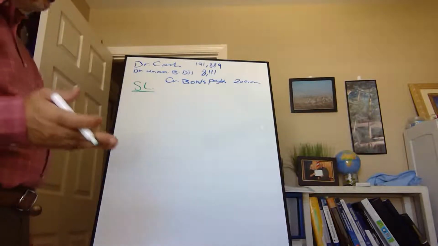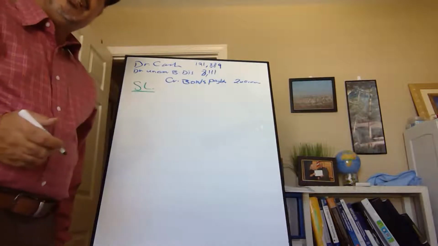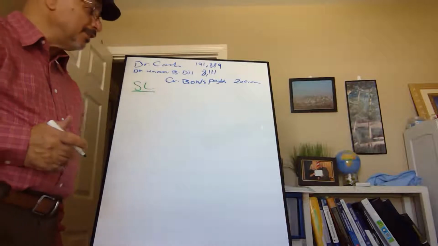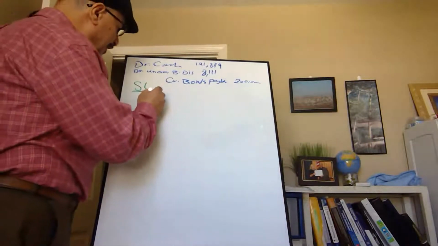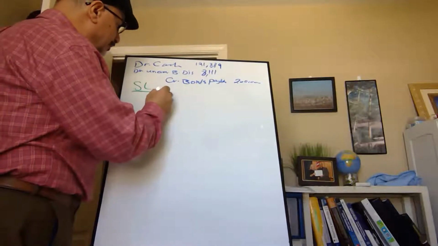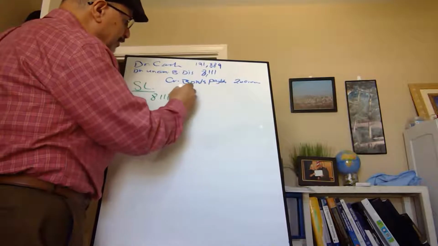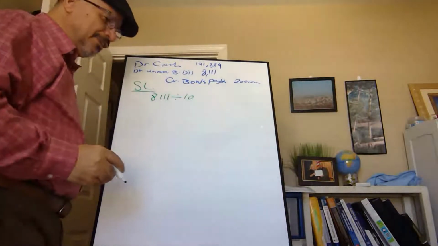Since this is a 5-year bond and the interest is payable twice a year, we will have 10 interest payments. That means we divide the 8,111 by 10 periods, and that's going to give us $811.